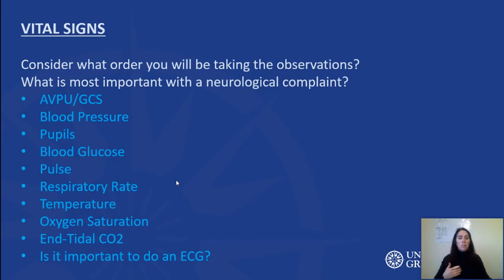Like for me, it's not really about the respiratory rate and the SATs unless there's something secondary, so the neurological event has caused hypoxia or has caused a low respiratory rate. I'm looking first of all at things like their level of consciousness, their blood pressure and their pupils. They're my 3 most important things when I'm looking at neurological complaints. Then I'm going to go on and do the rest of them.